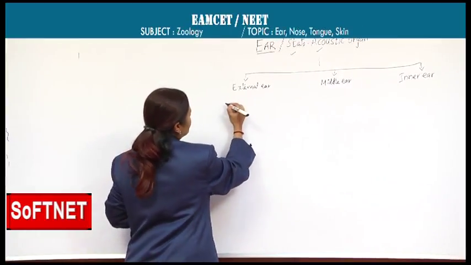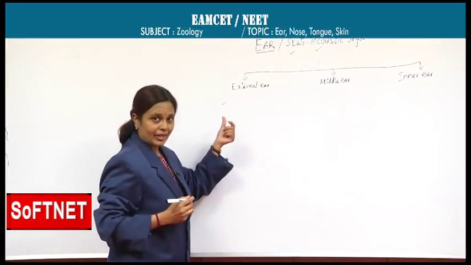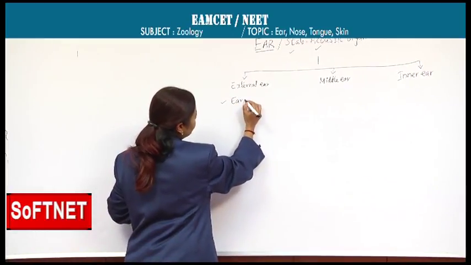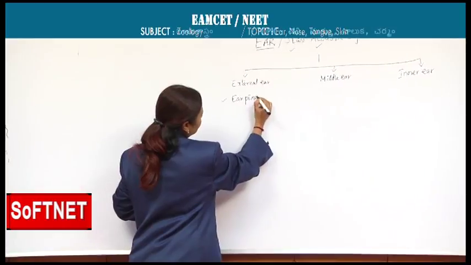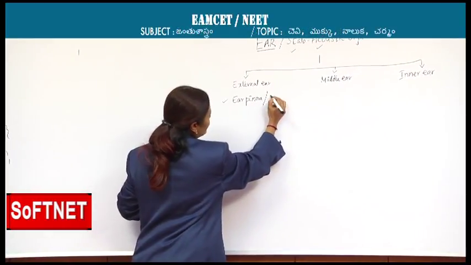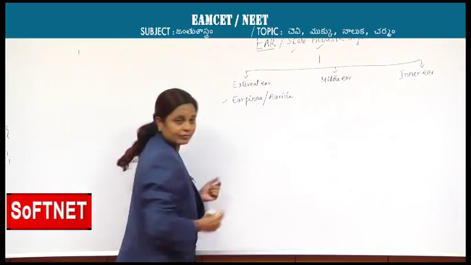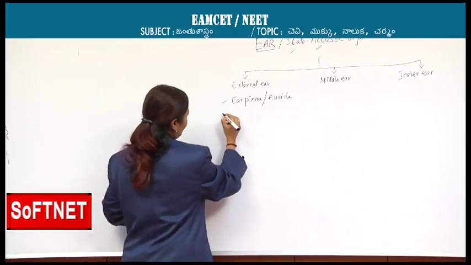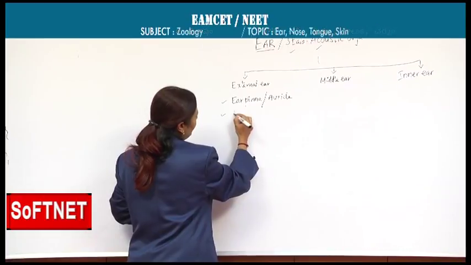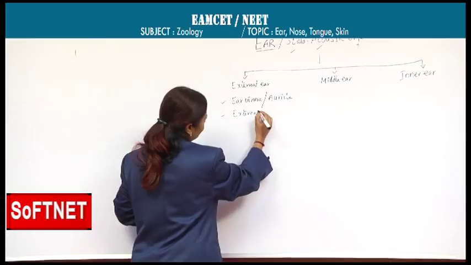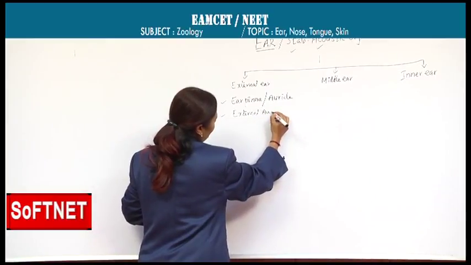External ear has three parts. What are they? Number one, it is ear pinna, otherwise called as auricle. Number two, it is external auditory meatus.